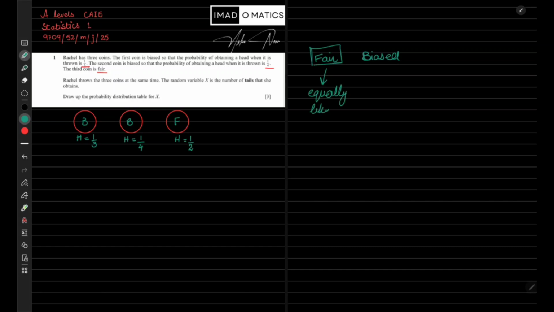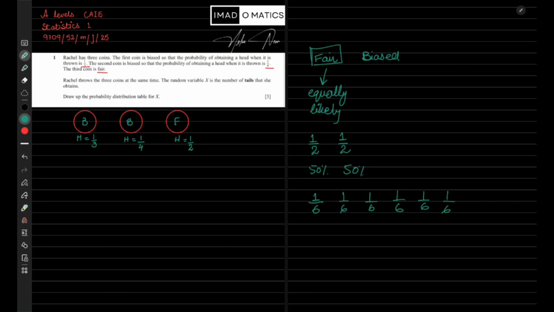In case of a coin, if the probability of a head is 1/2, then the tail will be 1/2, a 50-50% chance of each. In case of a fair dice, as we have 6 outcomes, the probability of each outcome will be 1/6, for all the 6 outcomes, 1 to 6. This is a fair coin or fair dice.